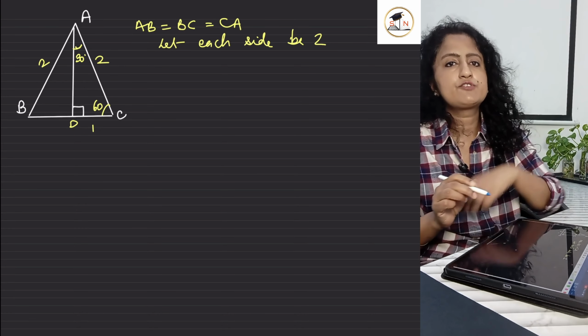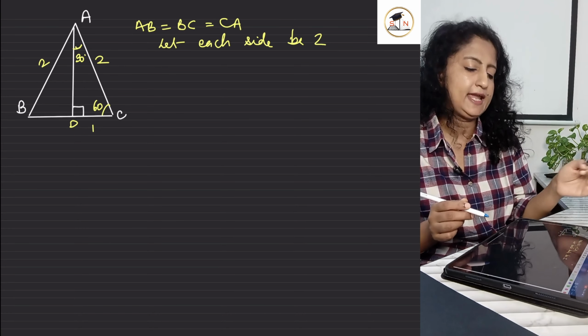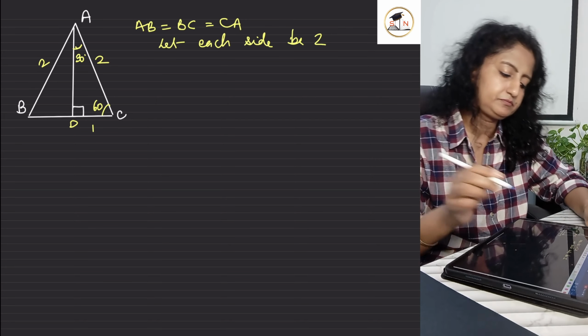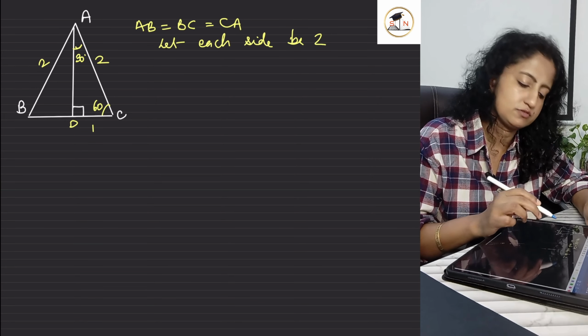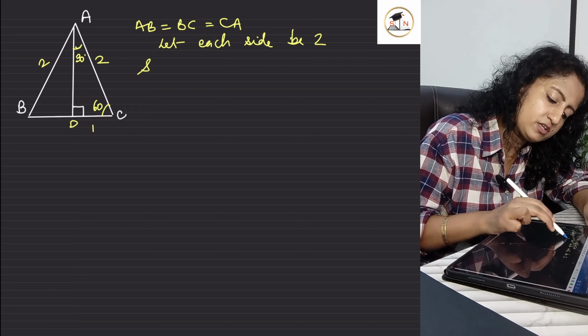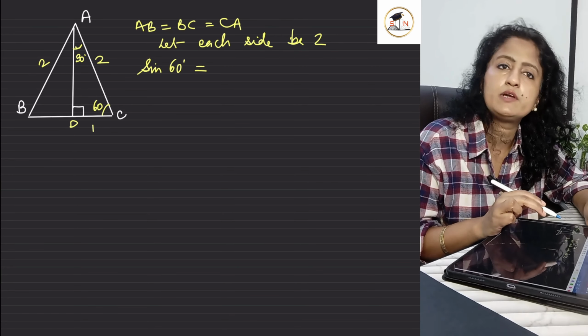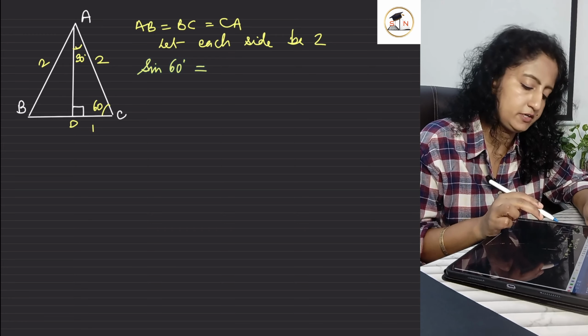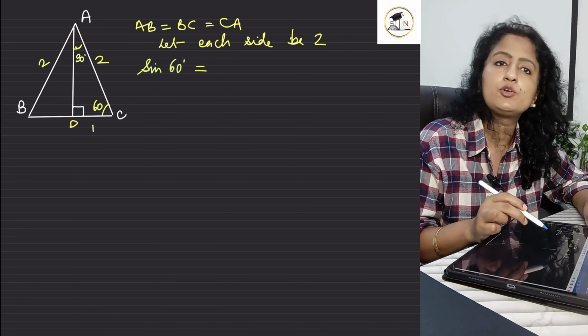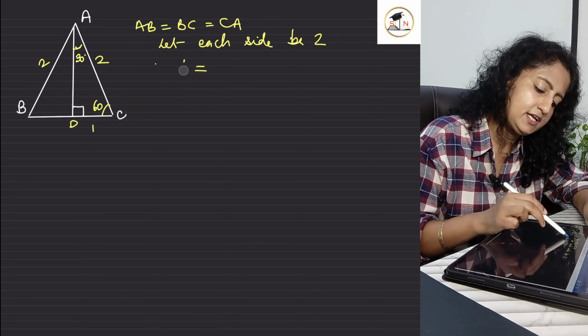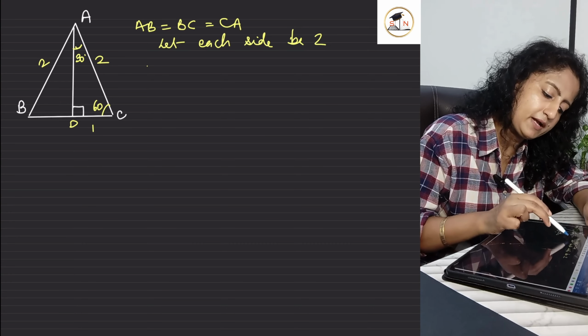So now just focus on the right angle triangle, which is ADC over here. Okay. Now, starting with the ratios, what do we get? If I want the value of sine 60, sine means we are talking about perpendicular over hypotenuse, right? Oh, we have to calculate the perpendicular also, right? So first, let's quickly use Pythagoras theorem.